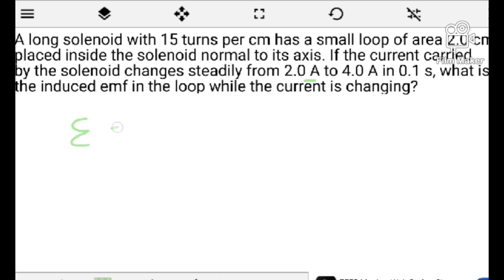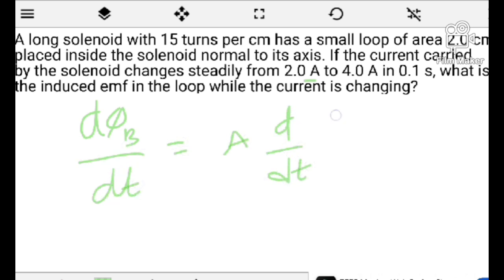EMF equals minus d phi B by dt equals minus A into d by dt of mu naught n i. Then mu naught and n are constants. Mu naught is the permeability of free space, and n is the number of turns per unit length in the solenoid.